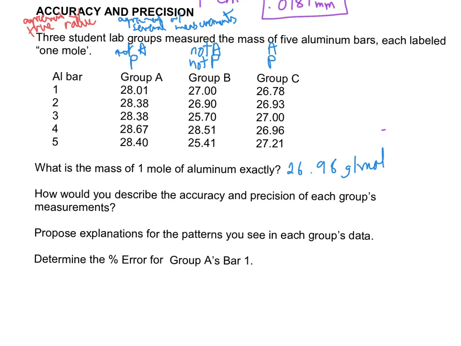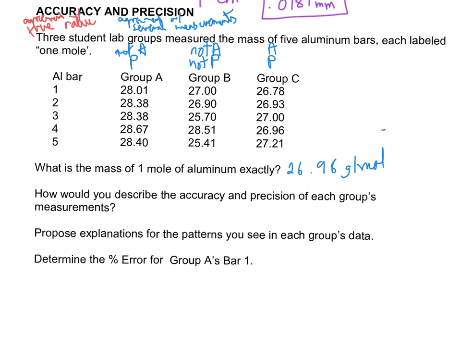Okay, we also want to propose explanations for the patterns you see in each of the groups' data. So obviously Group C is fine, but what could be something that went wrong with Group A and B? Group A, they are precise, but they're not accurate.